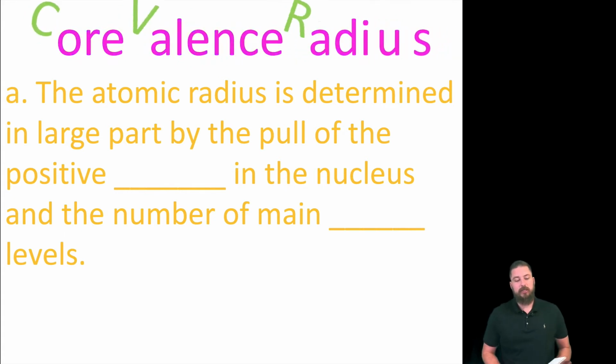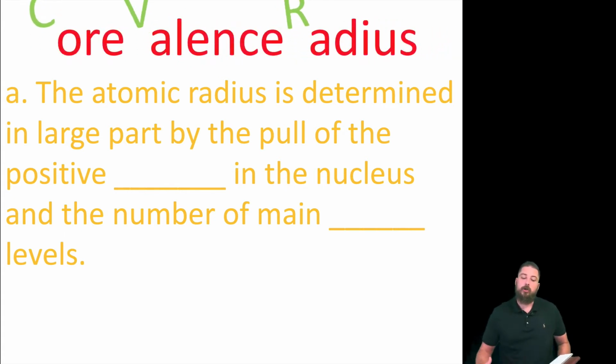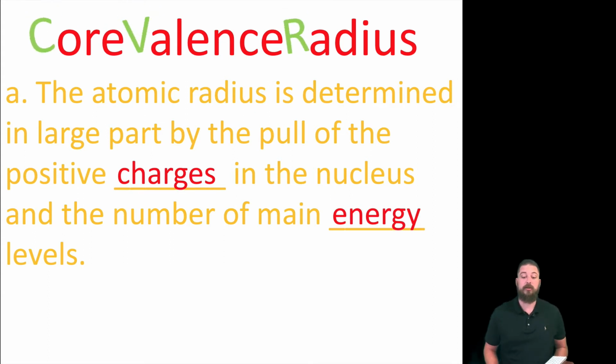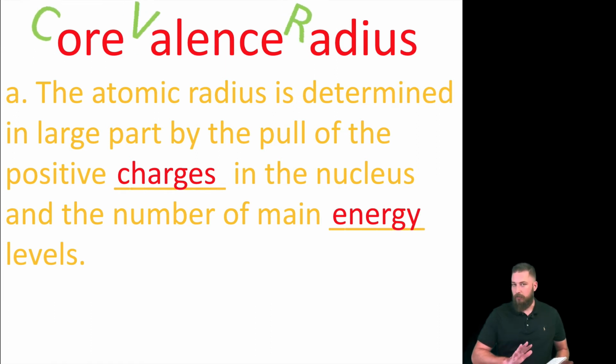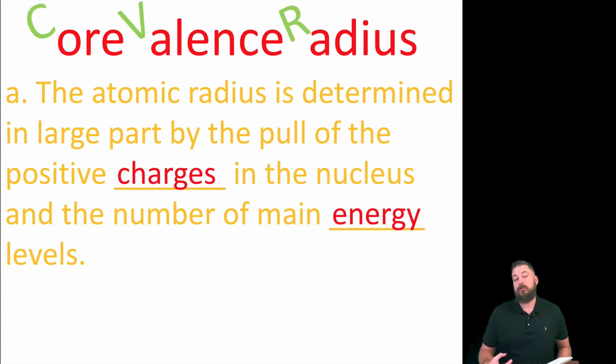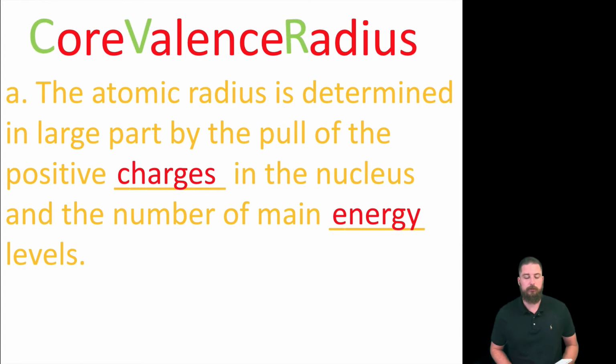Now, the atomic radius is determined in large part by the pull of the positive charges in the nucleus and the number of main energy levels. And so we'll talk about this as we go when we do the practice problem. So again, atomic radius is going to largely be determined by that nuclear charge in the middle.